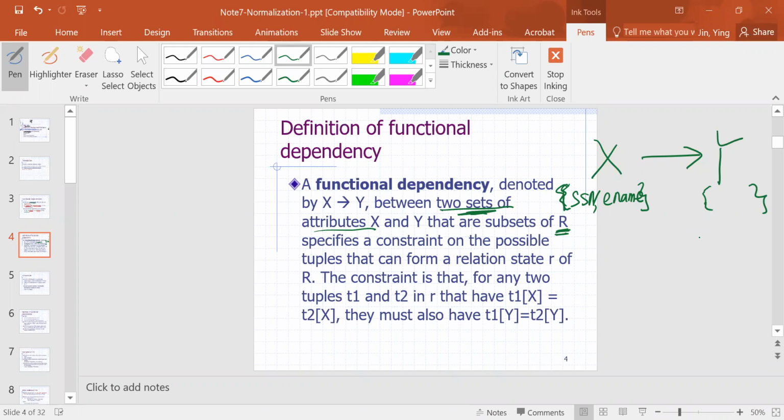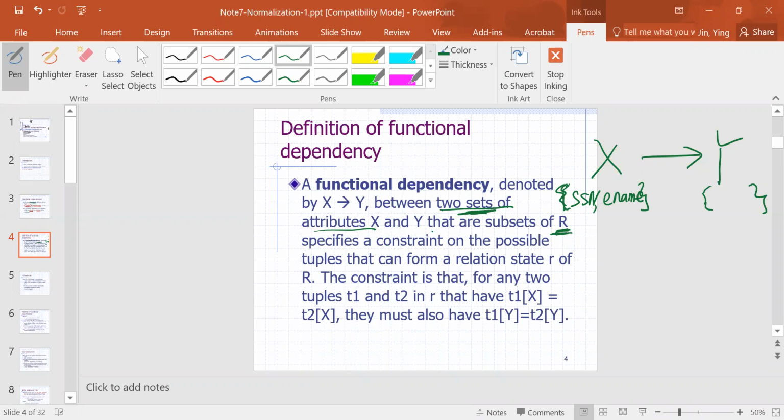When I have the company database requirements, I see many attributes, and now I try to analyze the relationship between different attributes. For example, how the address of an employee relates to their social security number. So R basically means all the attributes I have.